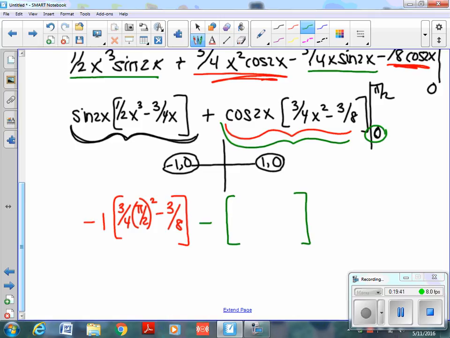The cosine of 0 is 1, so that's gone. You could put the 1 out there if you want to. When you plug 0 into here, you get 0, so the only thing you have left is a positive. It's going to be 3/8 left.